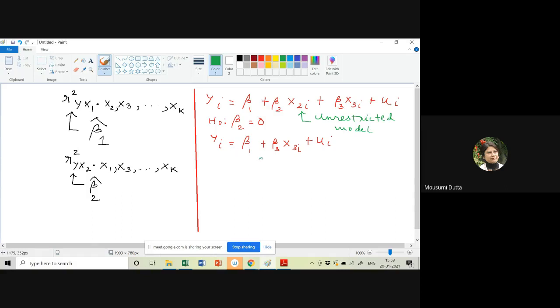And this model is called the restricted model.